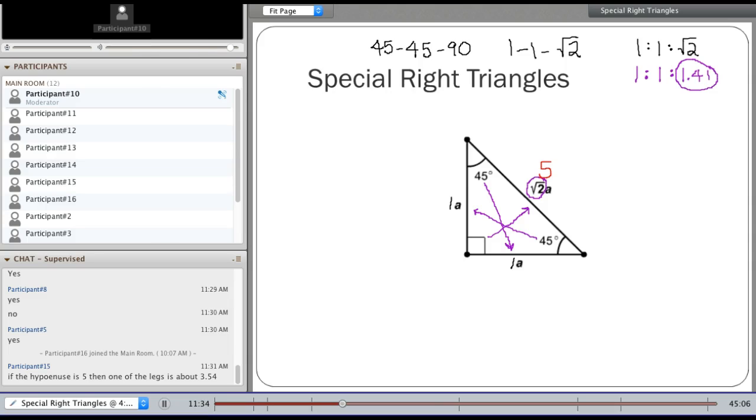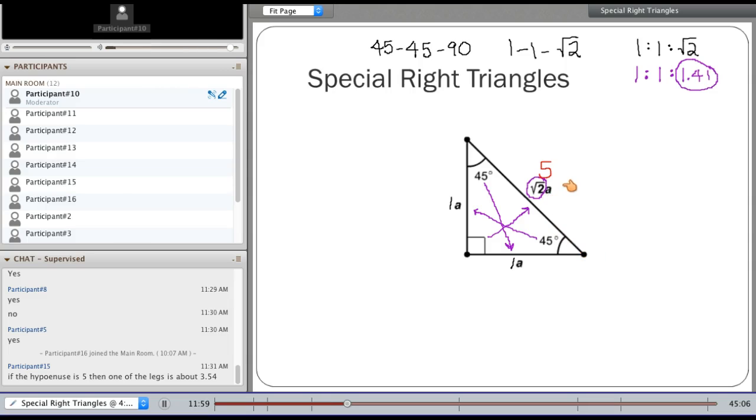Good. So let's talk about that. How do we get this? What we want to do is label the ratio on each side. In this case, we've already done that. We have 1a, 1a, square root of 2a. Because the 5 and the square root of 2a are both on the hypotenuse, they have to be equal, right? Does that make sense?